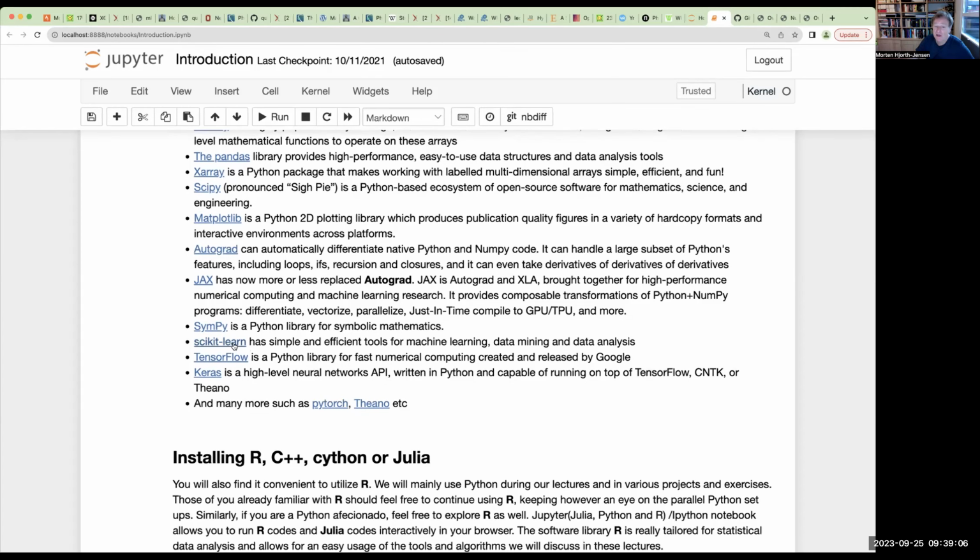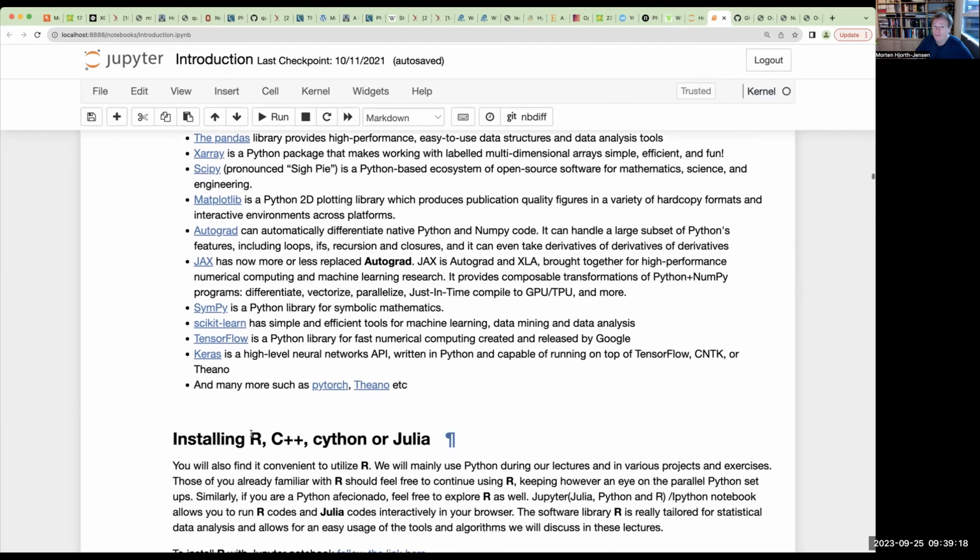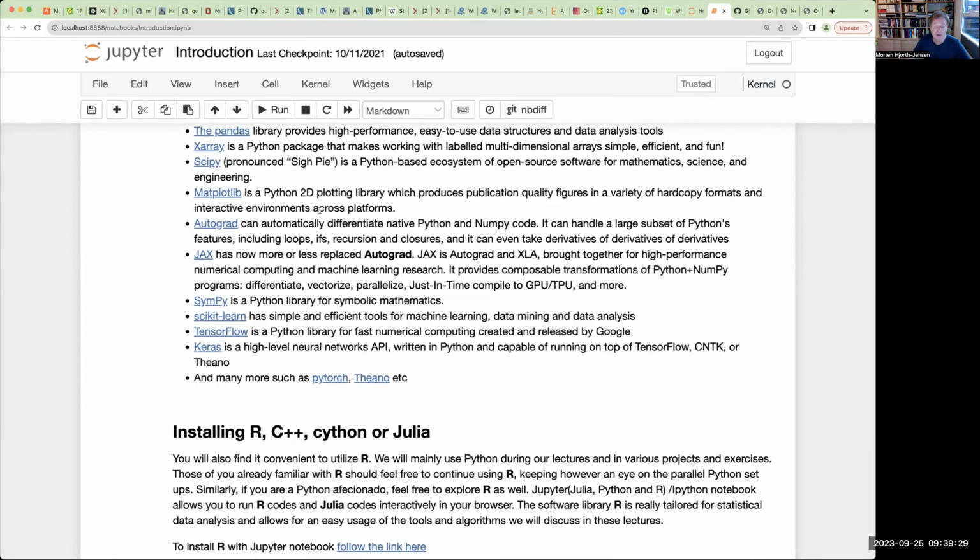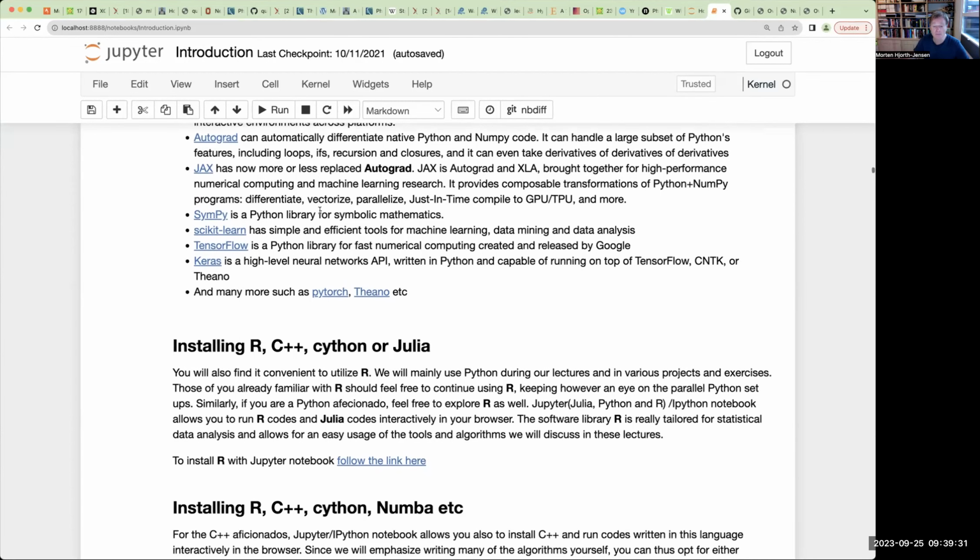And then we have scikit-learn, TensorFlow, Keras, PyTorch, and many other libraries. In this course, we will mainly focus on scikit-learn, TensorFlow, and Keras. But I know that many of you may be familiar with PyTorch as well. And if you prefer that, feel free to use that. So you should use a tool which makes you productive in the easiest way.